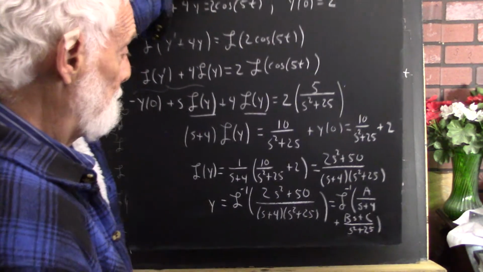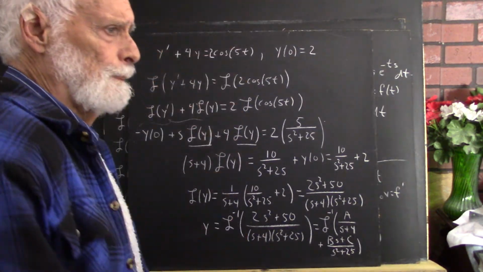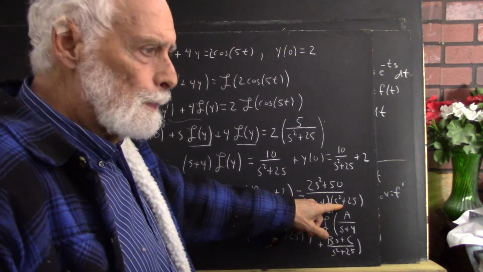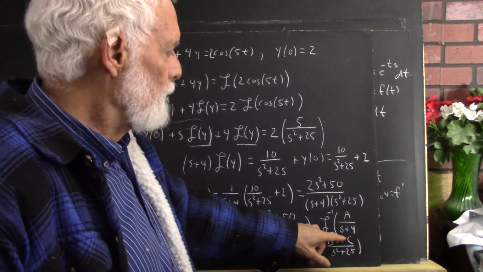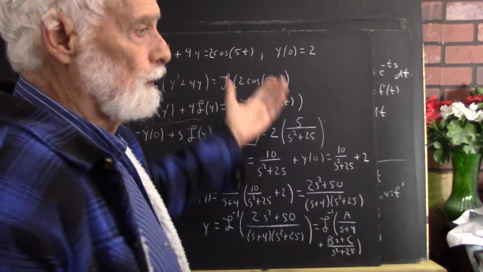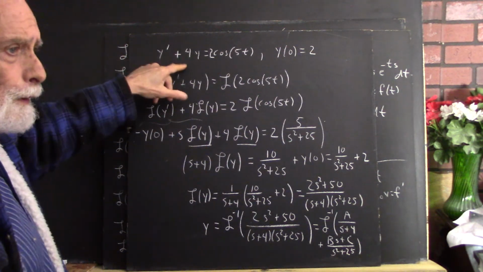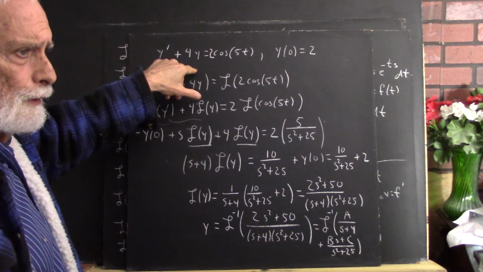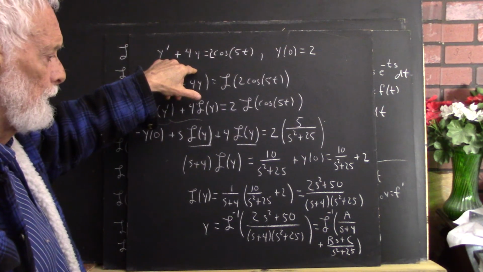So by doing the partial fractions, we can determine what multiple of e to the negative 4t is part of this solution. And of course, e to the negative 4t is part of this solution. That's your solution to the homogeneous equation.